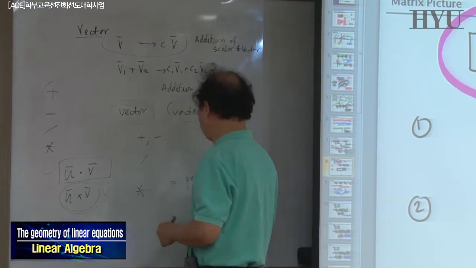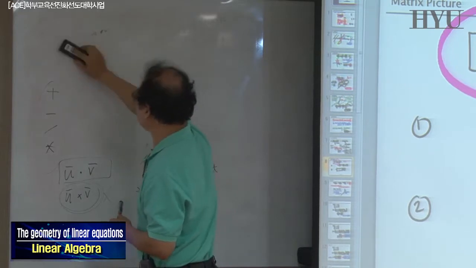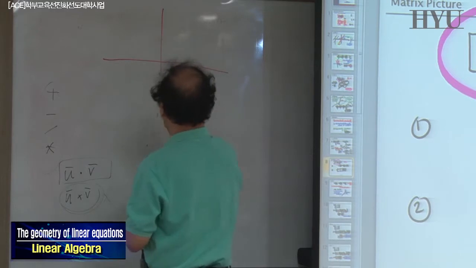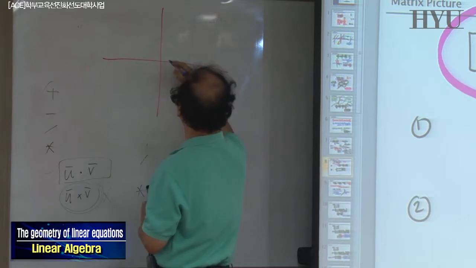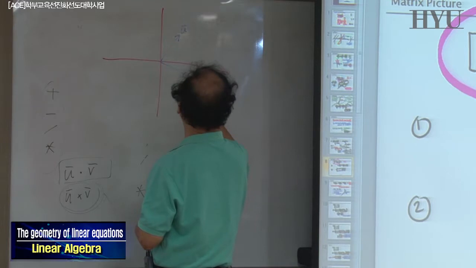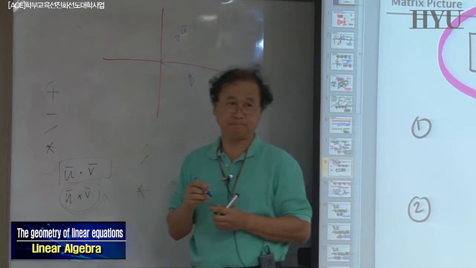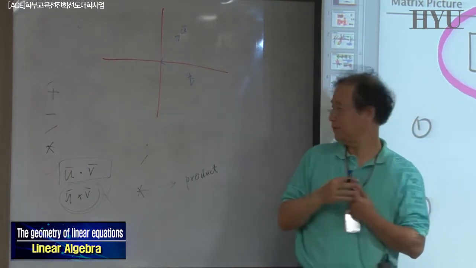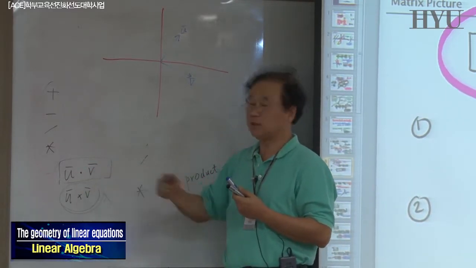Let's see. What's the geometrical interpretation of this inner product? For example, this is axis, right? I'm saying this one is U, this is V. So what's the output of this inner product?